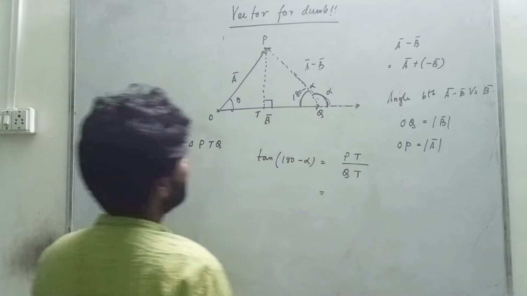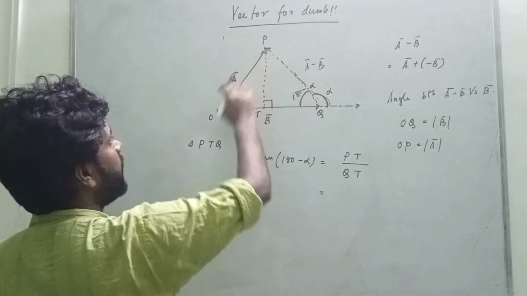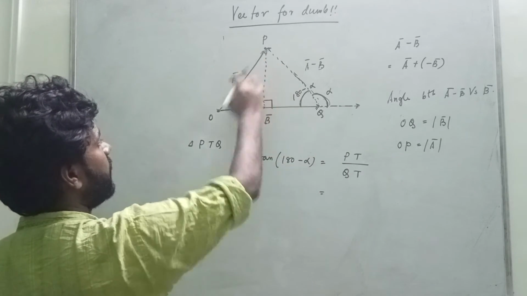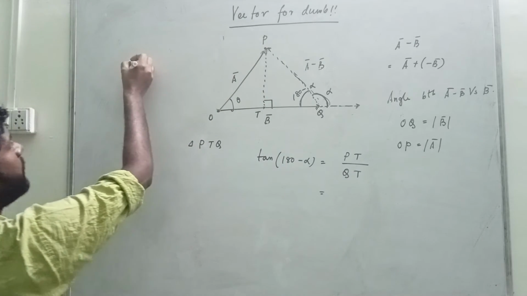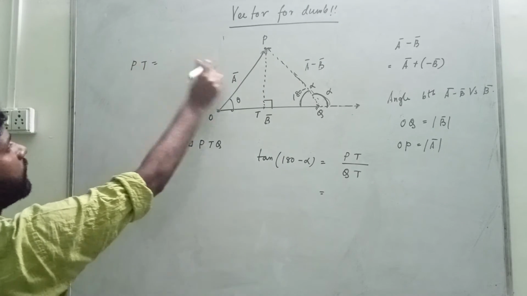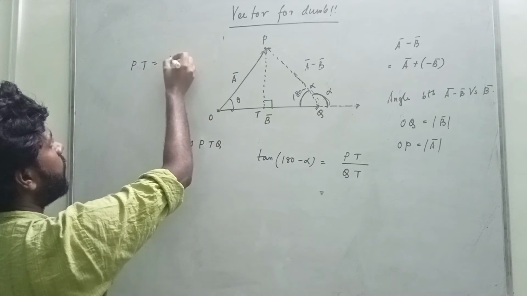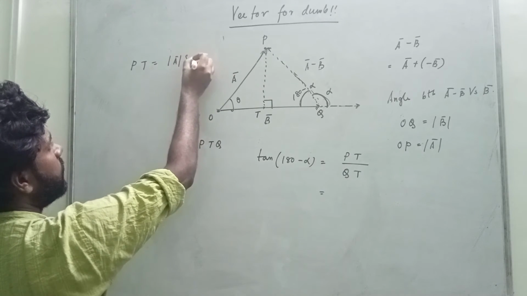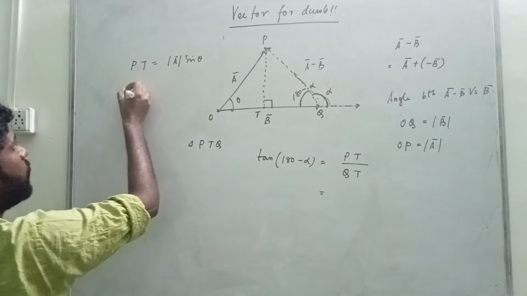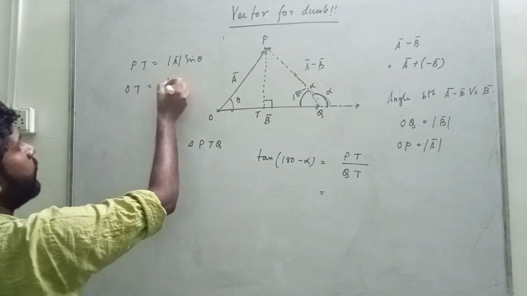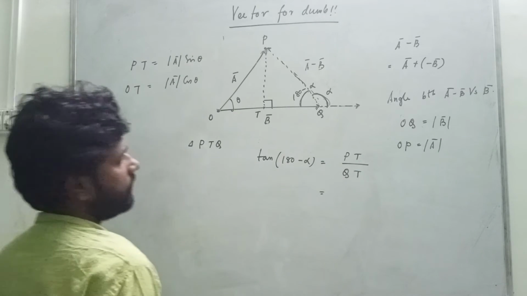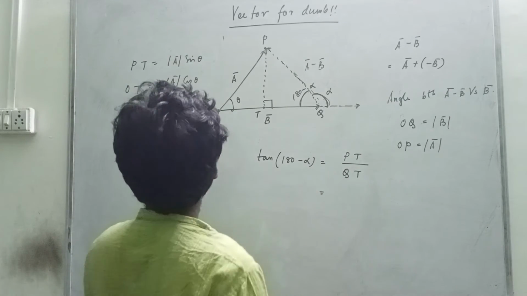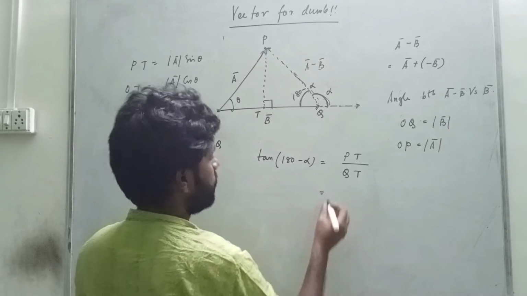And what is PT actually? From the right angle triangle POT, all of you know PT means modulus of A sin theta, and OT means modulus of A cos theta.